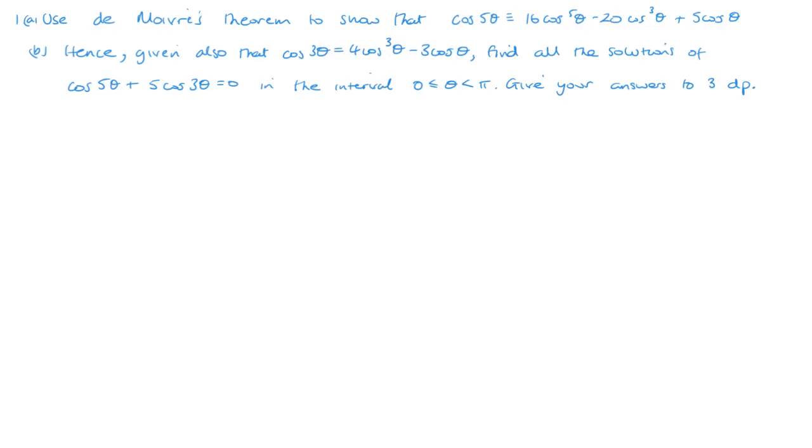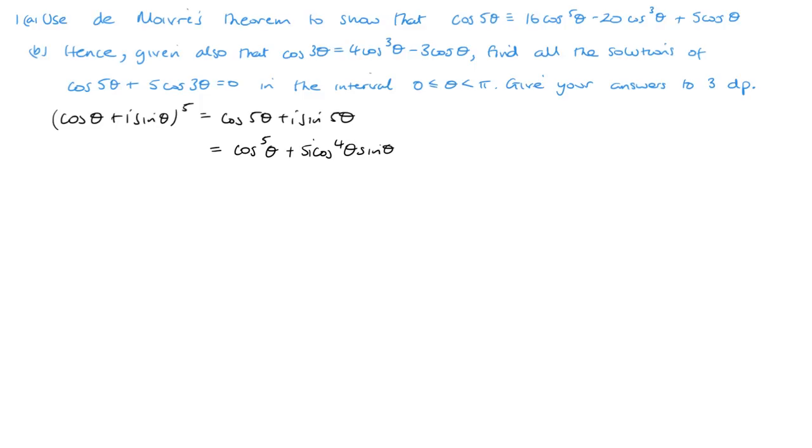So we want cos to the 5 theta, so let's start off with cos theta plus i sine theta to the power 5. Because this is going to be cos 5 theta plus i sine 5 theta. Now expanding my cos theta plus i sine theta all to the power 5, we get cos to the power 5 theta plus 5 cos to the power 4 theta i sine theta.